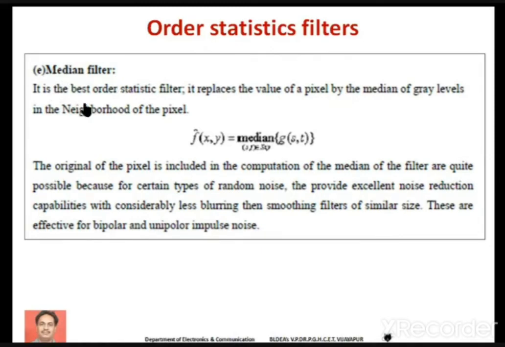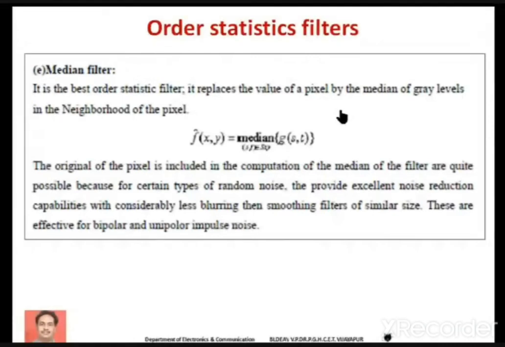It is one of the best order statistic filters, used in many applications. It replaces each pixel by the median of its neighborhood pixels. We have seen how the median filter works.